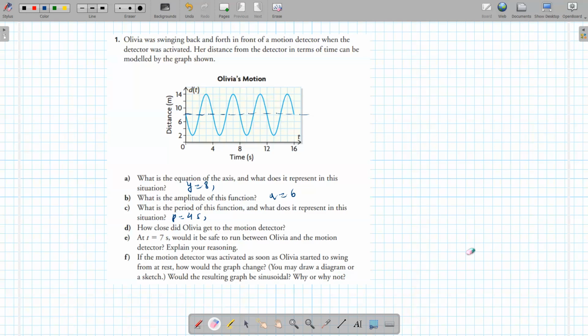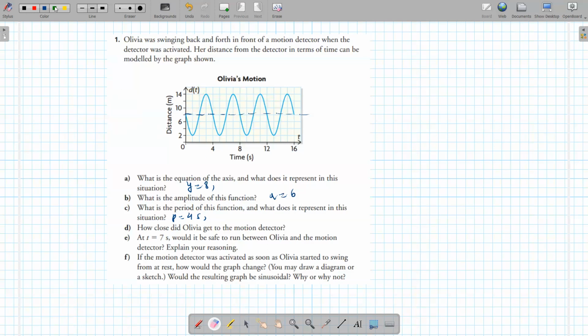So what's the minimum distance between her and the motion detector is what they're asking. 2. 2, yeah. So she got up to 2 meters. At t equals 7 seconds, would it be safe to run between Olivia and the motion detector? Explain your reasoning.